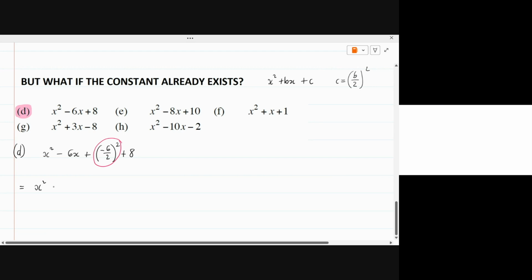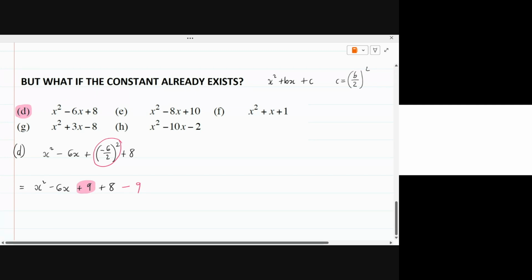So my answer now looks like this: x squared minus 6x plus 9 plus 8. But now I can't just decide that I've added a 9 out of nowhere. Nines don't just come up from thin air. But if I manipulate the maths well enough, I can make that positive 9 a 0 by just minusing 9.